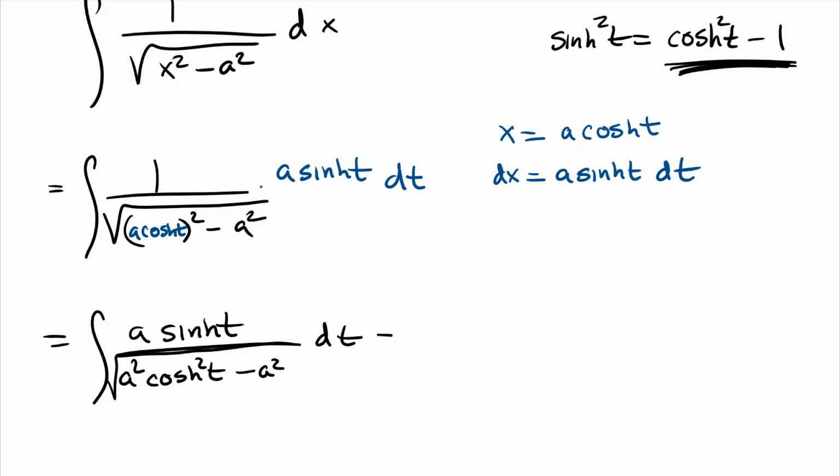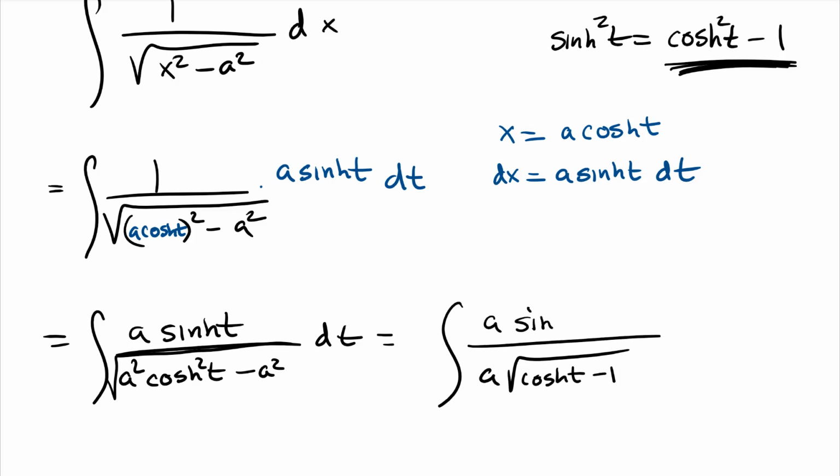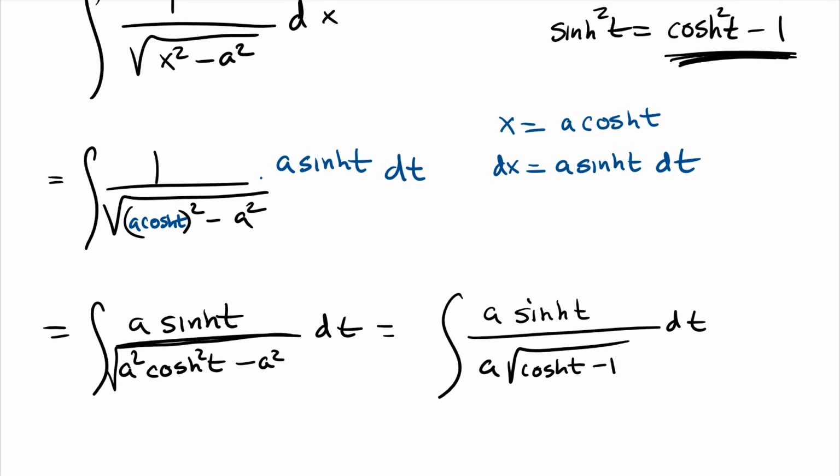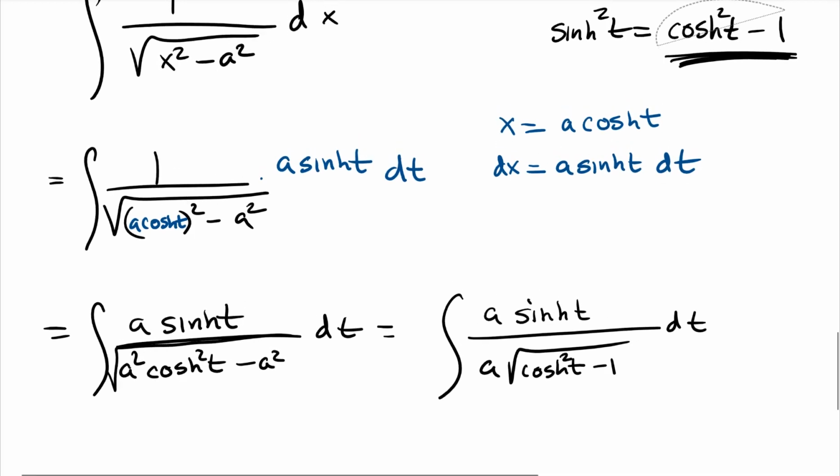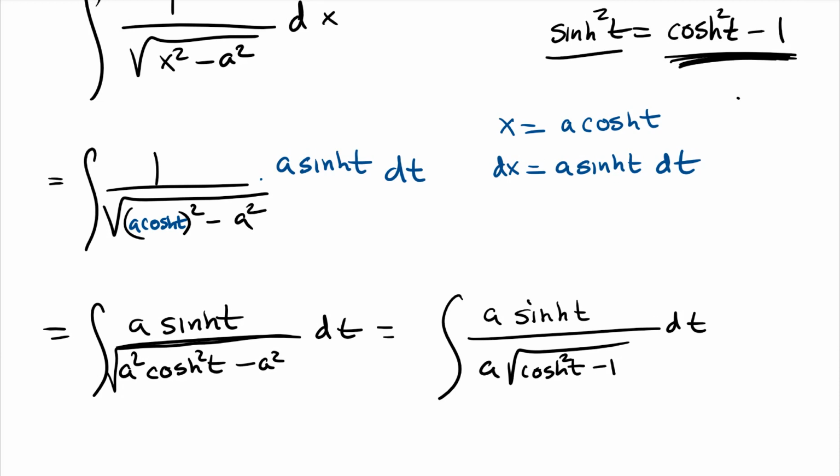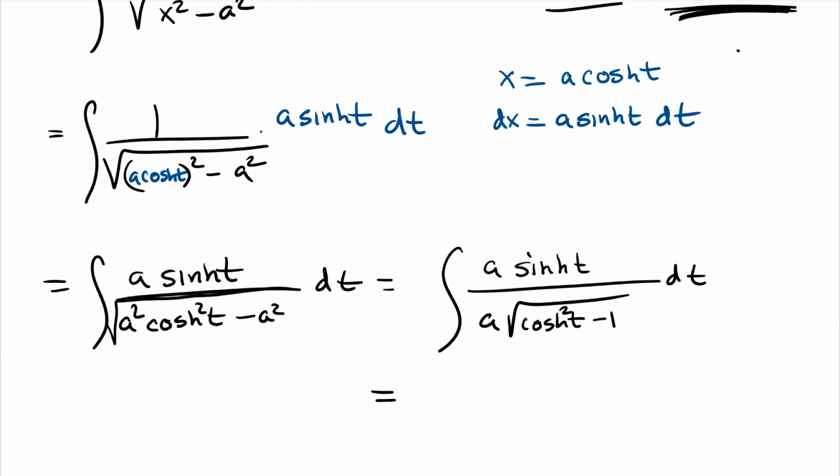And all this is dt, but you can take out that a squared and you're left with cosh squared of t minus 1 over a times sinh of t. I keep losing my squared, but that's equal to sinh squared underneath the square root.